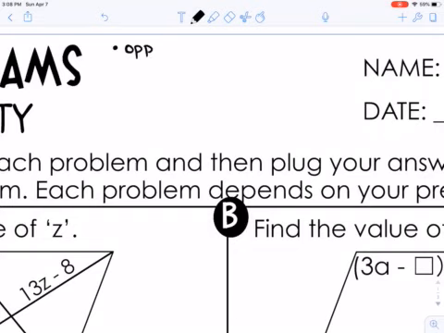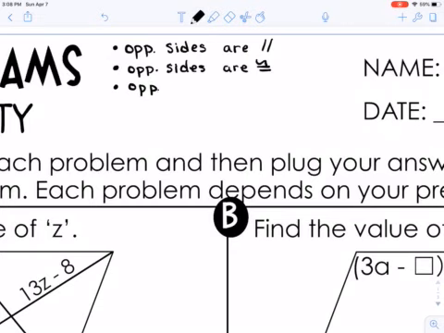Opposite sides are parallel. Not only are they parallel, but opposite sides are congruent. Opposite angles are congruent.